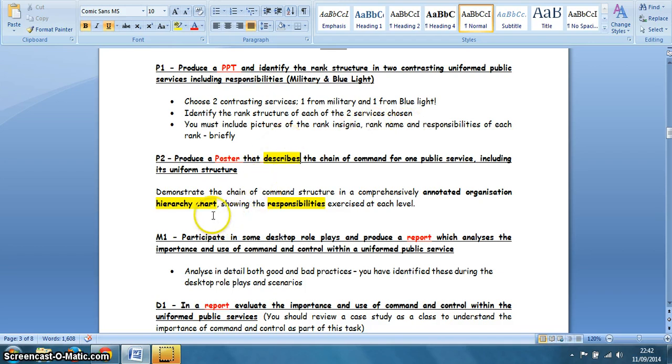And for that service, include the hierarchy chart, which is the organizational chart from that service, which you will find on the website. Again, this must be referenced. So there's an easier way for you to achieve P1 and P2.